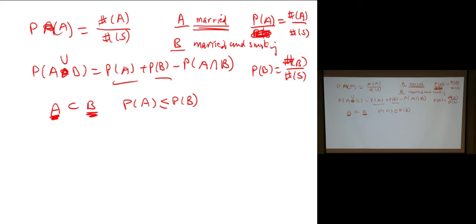Which is a subset of what? Yeah, because married and smoking. Okay, it's very simple. The first one, A, has only one criterion, married. The second one has two criteria, married and smoking.